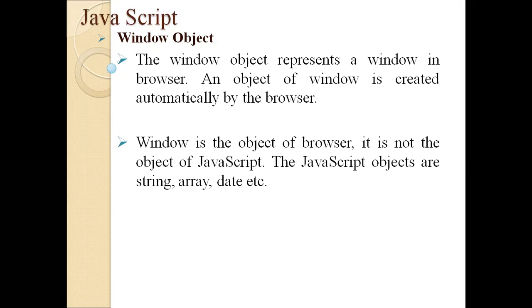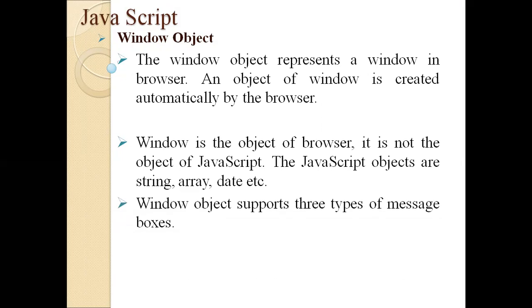Right? Next one. Window objects support three types of message boxes, right? So let us see what those three types of message boxes are. The first one is the alert box, the second one is the confirm box, and the third one is the prompt box, right?